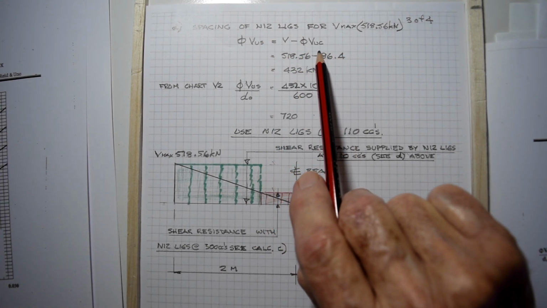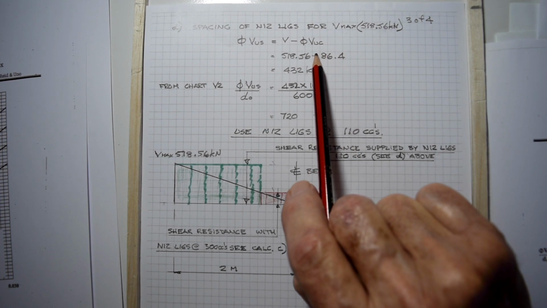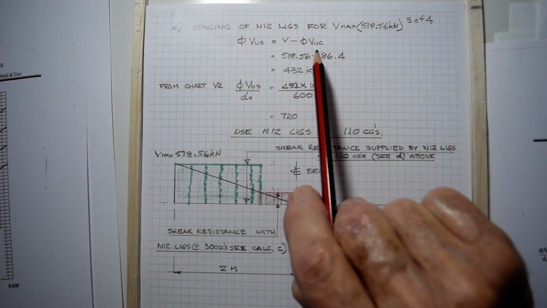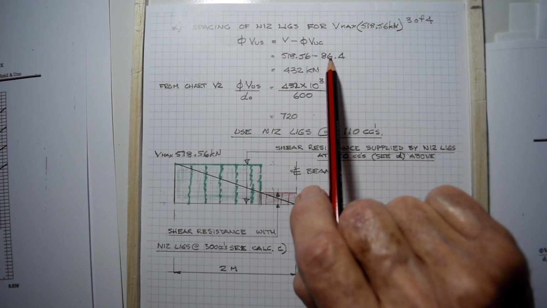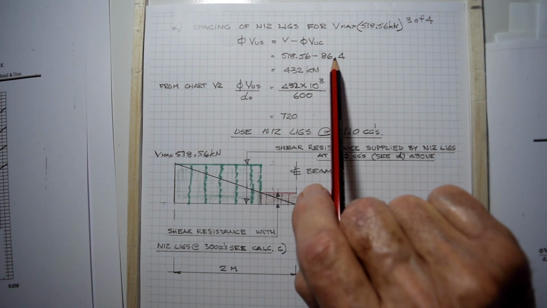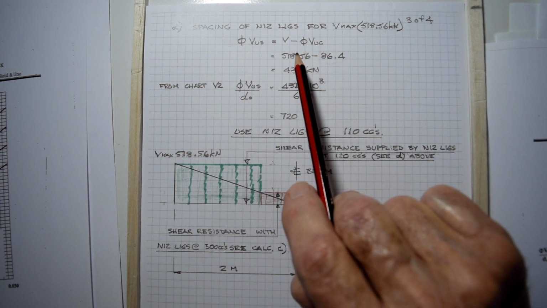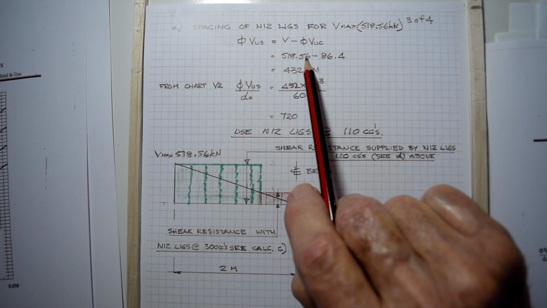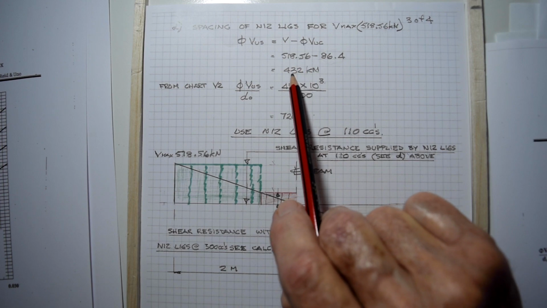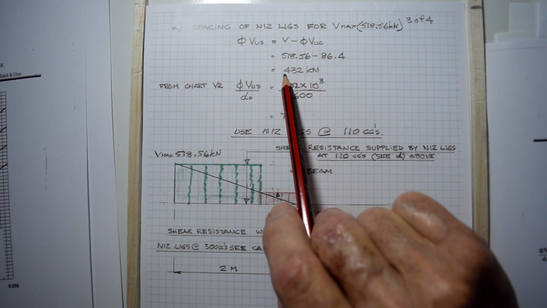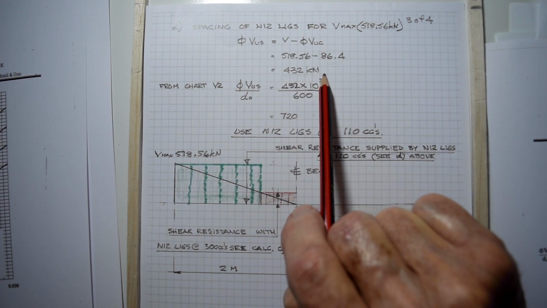We subtract the shear strength of the beam, encapsulating just the tension reinforcement, because what we've got to work out in this calculation is what spacings we have to put the ligatures in to carry this residual load of 432 kilonewtons.